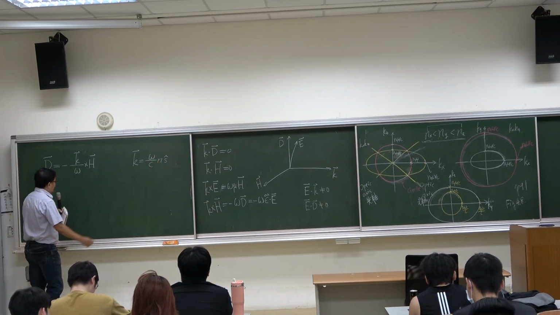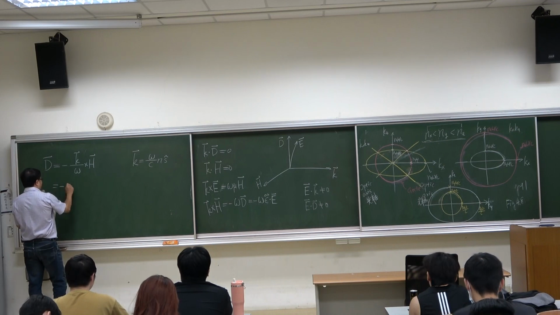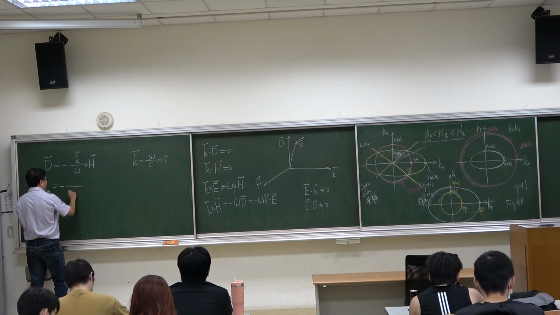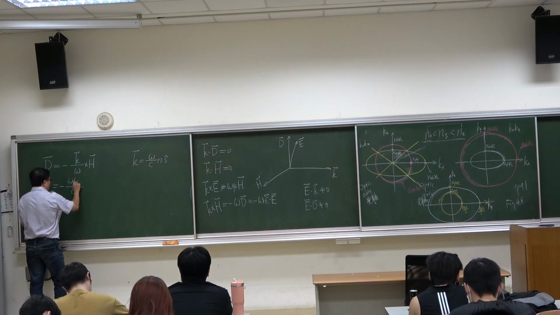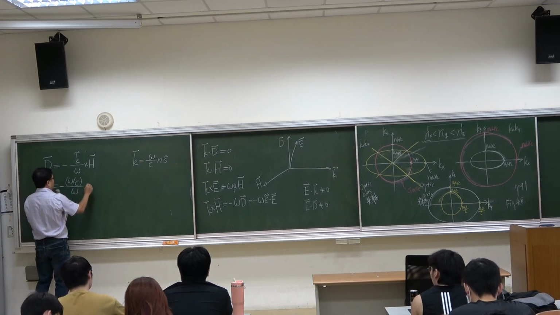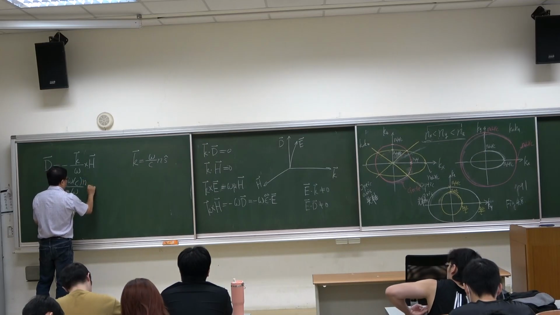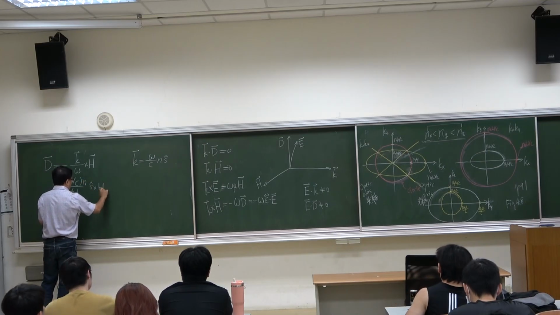So this means minus omega over c times n times s cross H over omega.